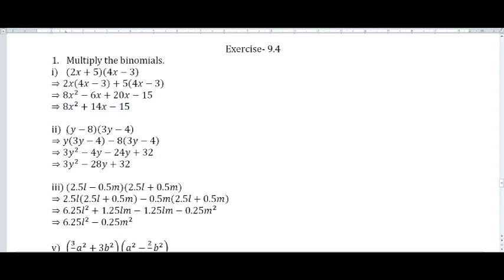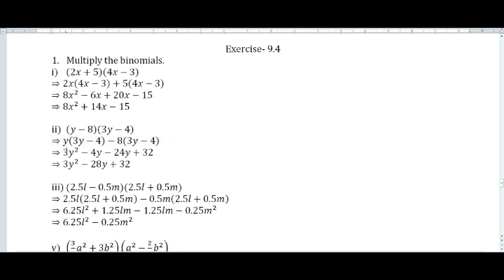In the same way, here in sum number 2, y minus 8 into 3y minus 4. So here y we will write outside the bracket and 3y minus 4 inside, and here minus 8 is there, then we write 3y minus 4 inside the bracket again. Then you have to remember that if there is no numerical coefficient with the variables, you have to imagine that there is always 1 here.